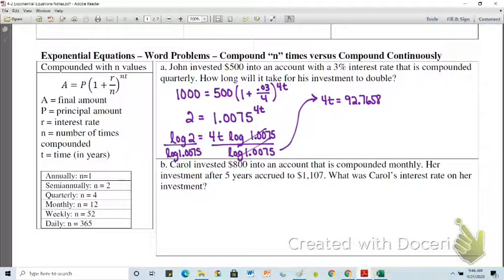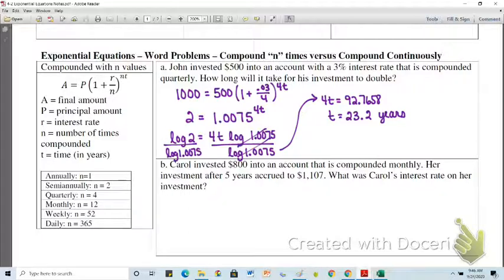I'm going to keep that in my calculator. I'm going to go ahead and divide. And when I'm talking time, I can go ahead and round to one decimal place. So it's 23.2 years. So in other words, if he adds no money to this and takes no money out, it will take 23 years plus a few months to double from 500 to 1,000.